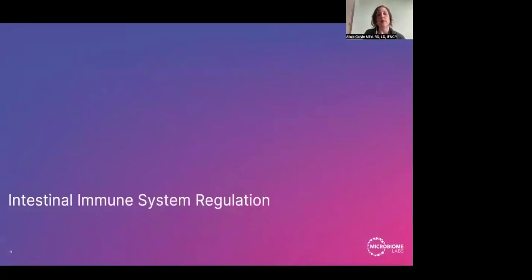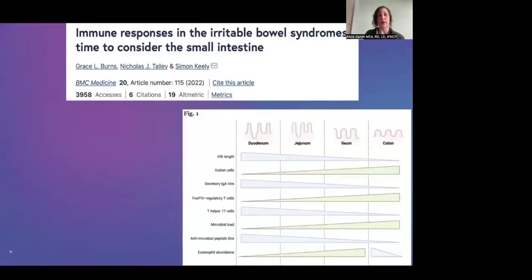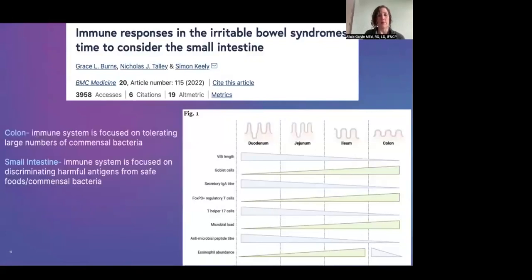All right, so let's talk about the immune system differences between the large and the small intestine and break that down a bit, because again, we talk a lot about the immune system when we talk about gut health. So if you look at this chart here, you'll see the different sections of the small intestine, the duodenum, jejunum, and ileum, followed then by the colon in sort of an anatomical sequence.